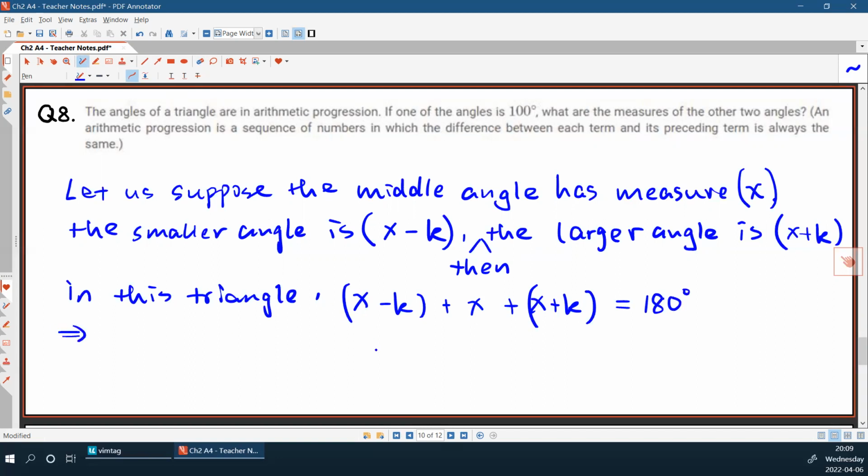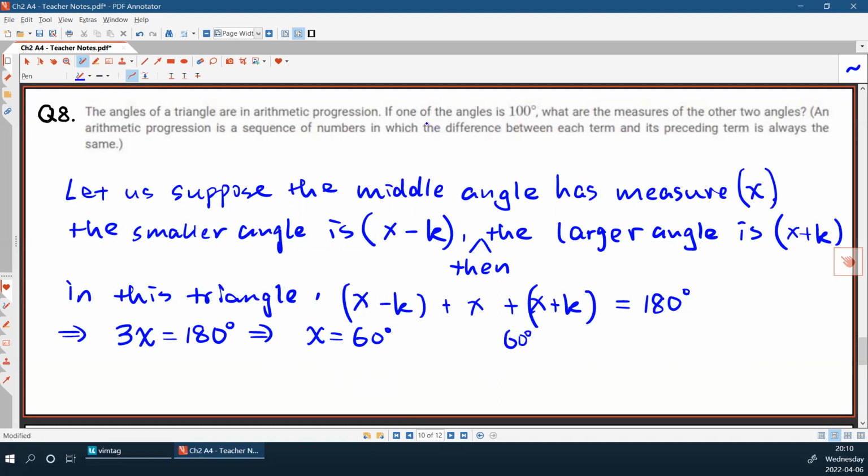Okay, this actually gives us k canceled with this k here, right? You follow me? Yeah. So this actually gives us 3x equals 180 degrees, which gives us x is 60 degrees. Understand? Yeah. Okay, therefore the angle in the middle is 60 degrees.